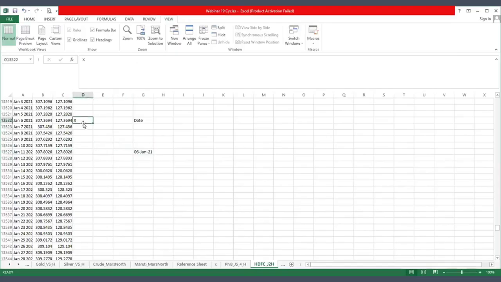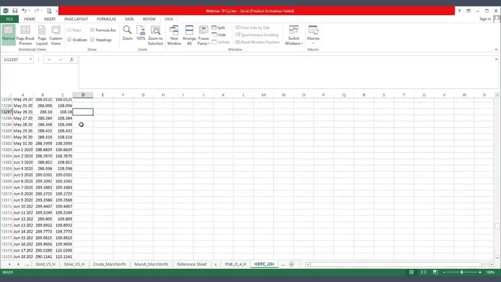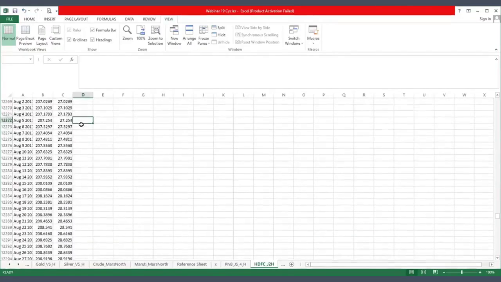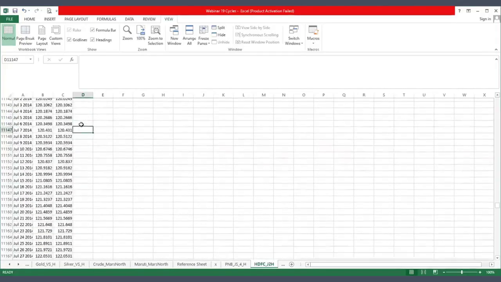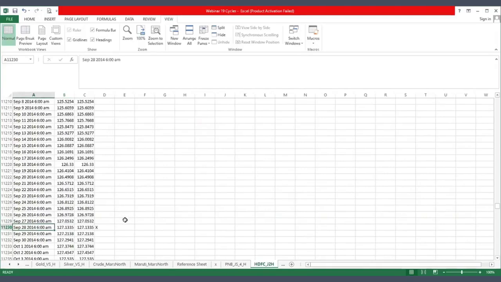Now let's see when this cycle came before this. We need to look at this column for 127. So around 127 was on 28 September 2014. Let's go and check what has happened there.